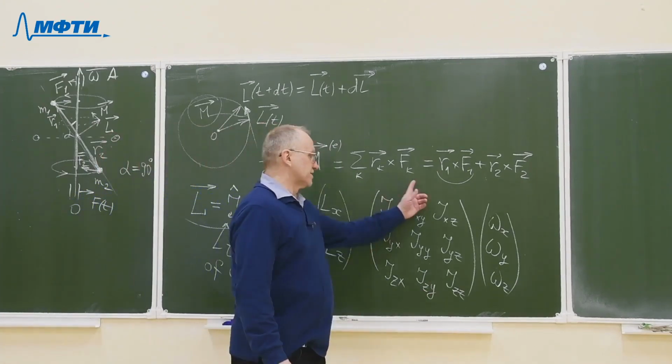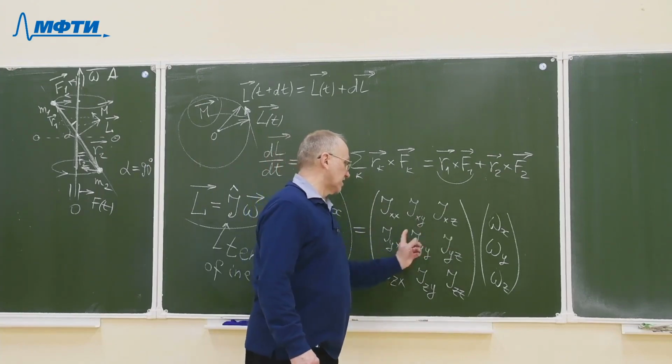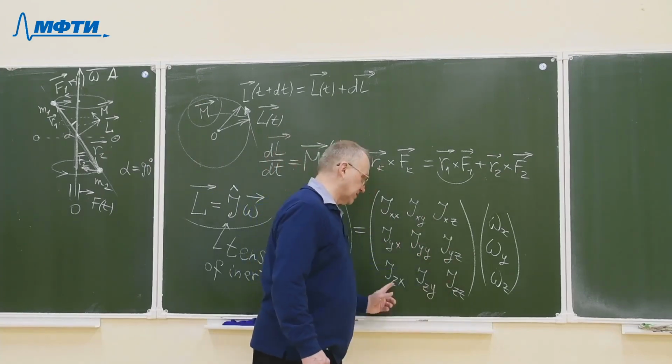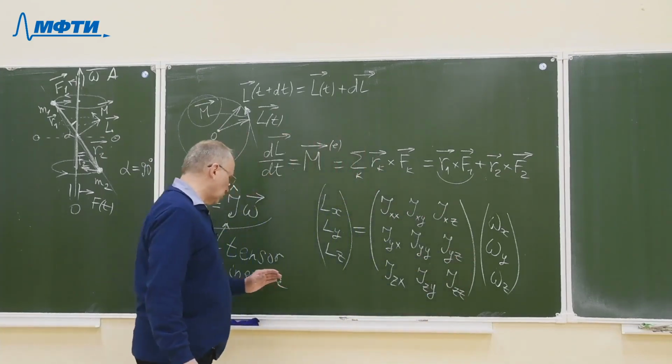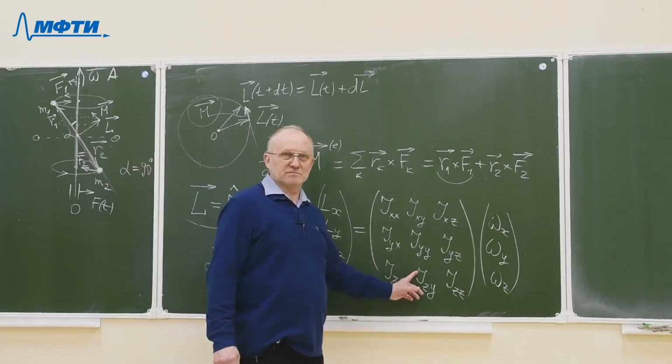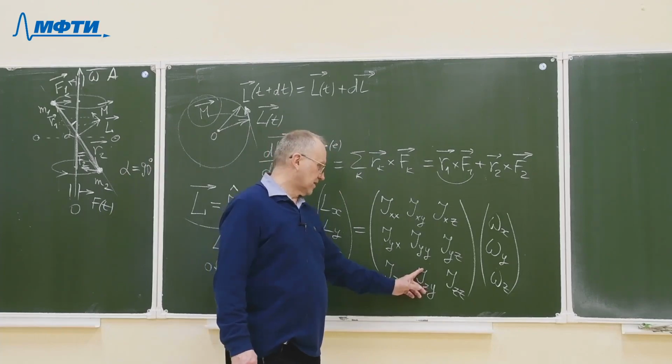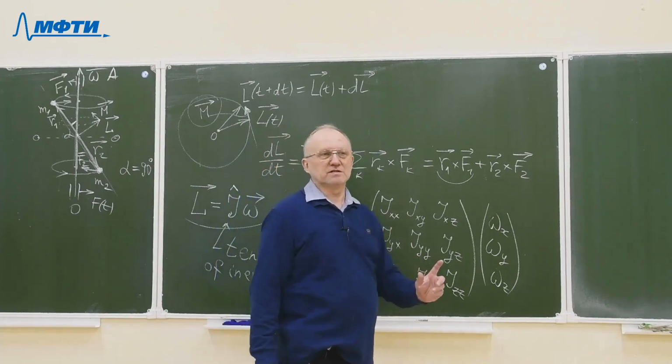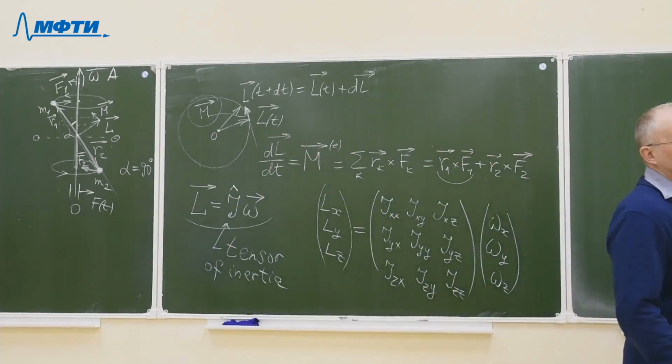The tensor looks in the same way. It also has many components, like 9 components in this matrix. The tensor also has 9 components, and the tensor is also a matrix, always. But there is deep physical difference in physical meaning.